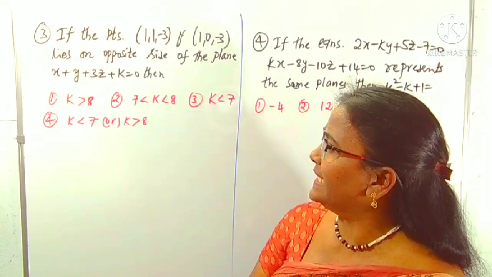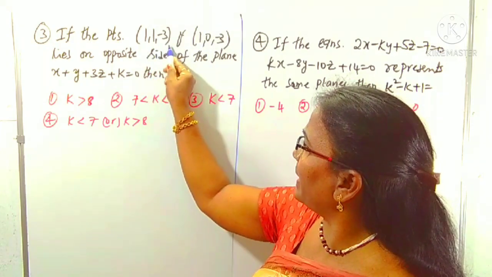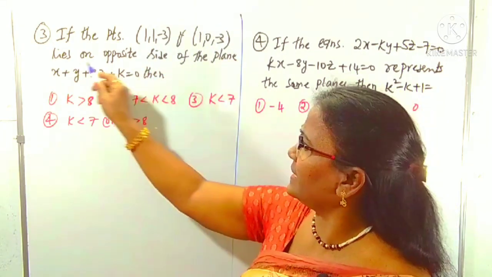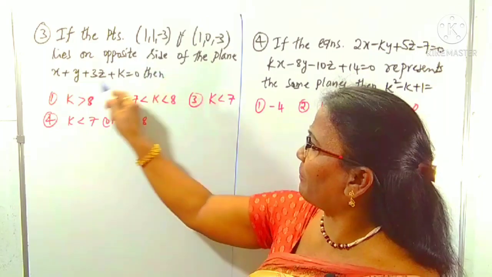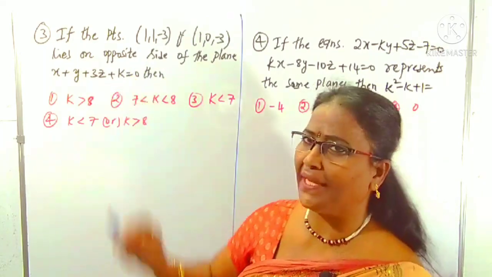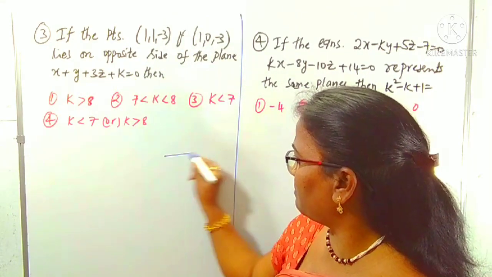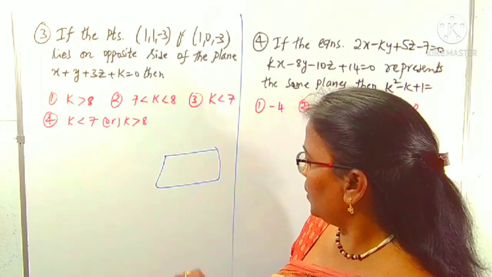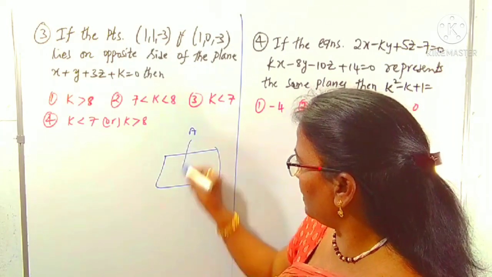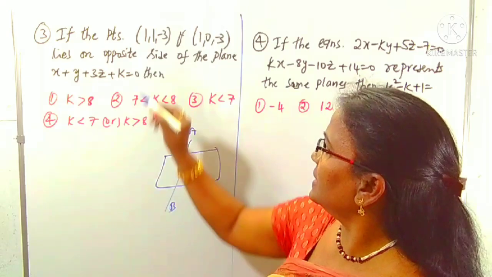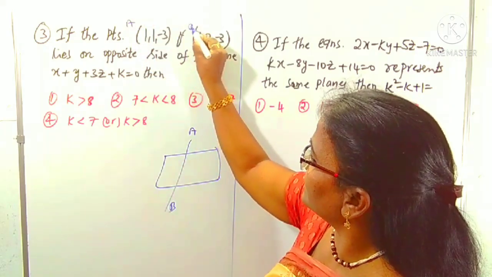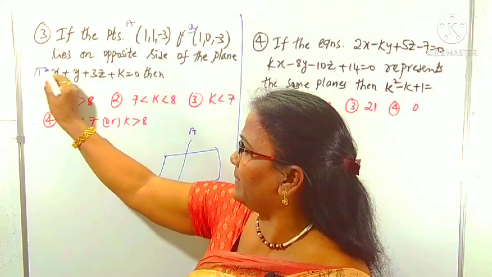What is given here? If the points (1, 1, minus 3) and (1, 0, minus 3) lie on opposite sides of the plane, then we are asked for some unknown value k. Suppose this is a plane. These two points are A and B, on opposite sides of this plane. This is taken as A, this as B, and this as the plane pi.